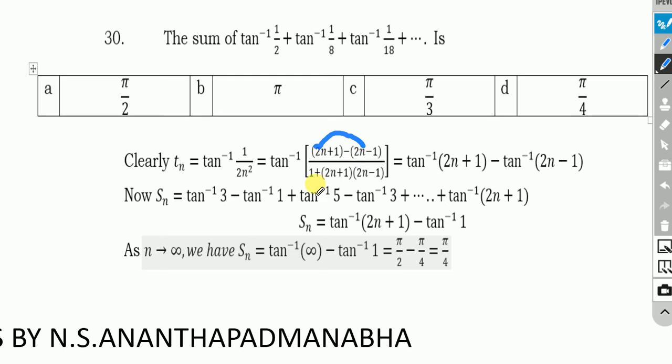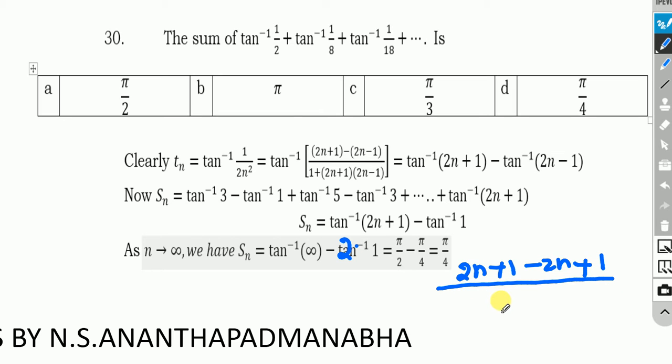So let me explain this step again. When you expand this, 2n plus 1 minus 2n, I have plus 1 divided by 1 plus (a plus b) into (a minus b), which is 4n square minus 1.